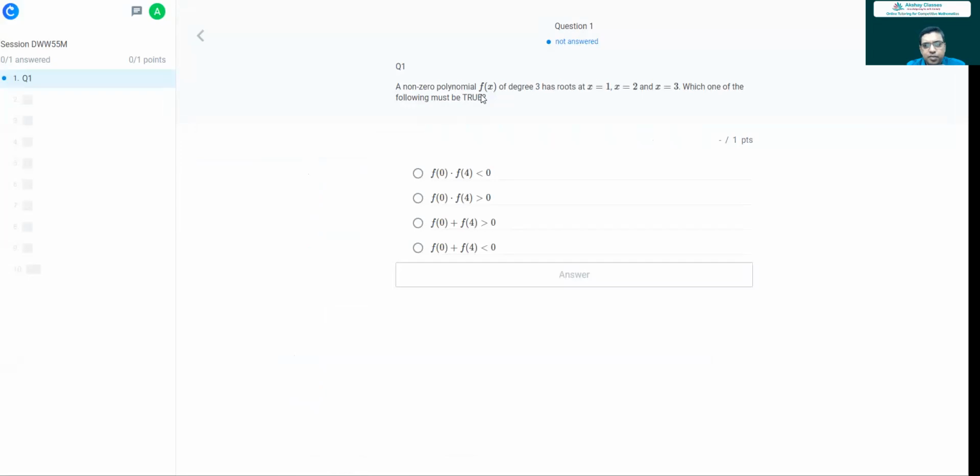A non-zero polynomial f of x of degree 3 has roots x equal to 1, x equal to 2, x equal to 3. Which one of the following must be true? Now, this is not a question directly on maxima and minima. That's the hint. You look at this question carefully. But it has to do something with what we have done in this class.